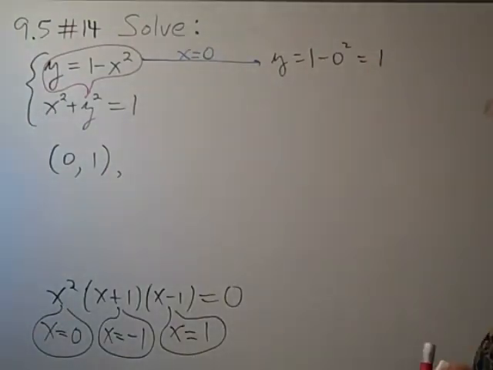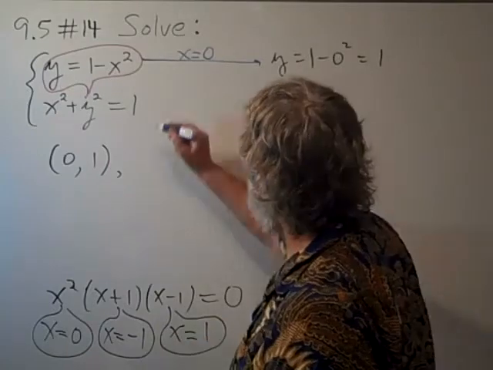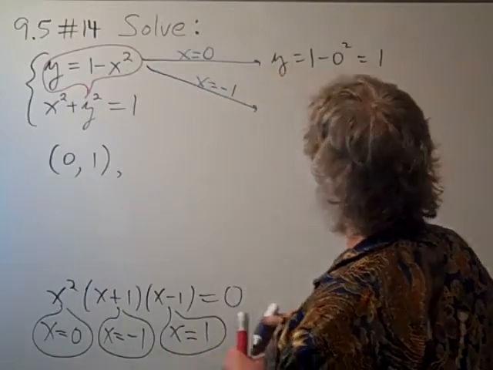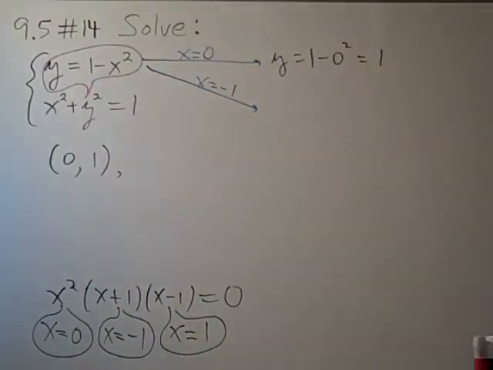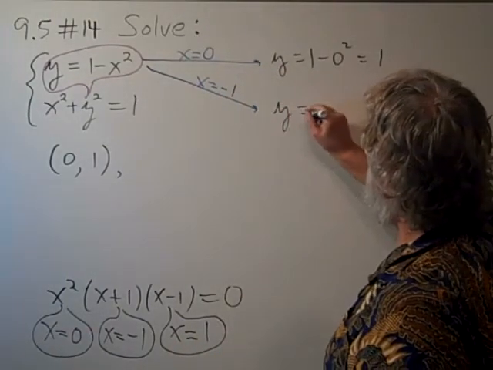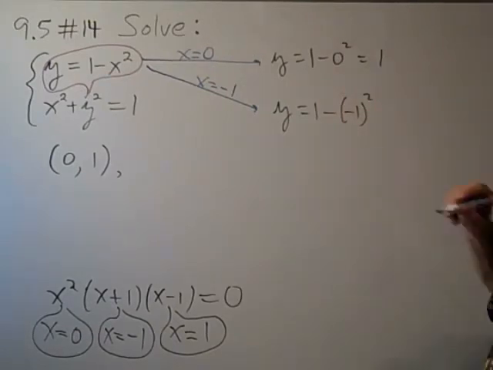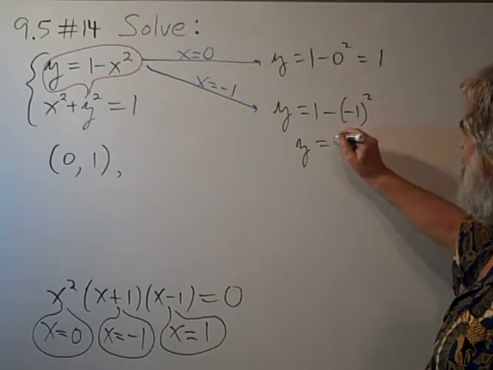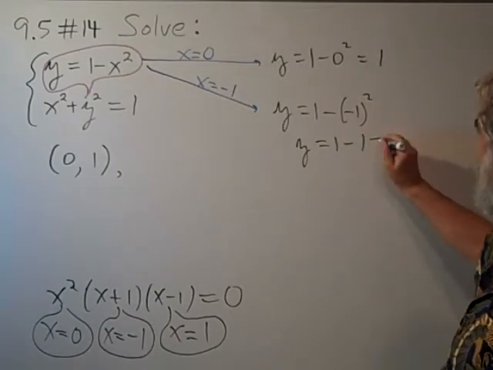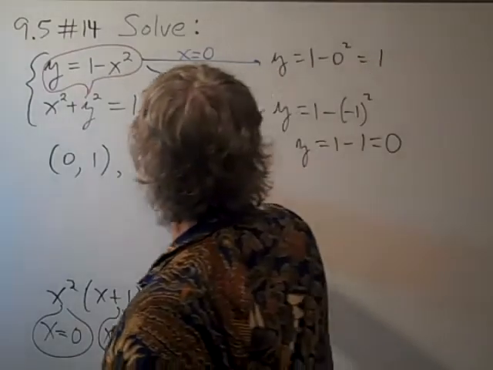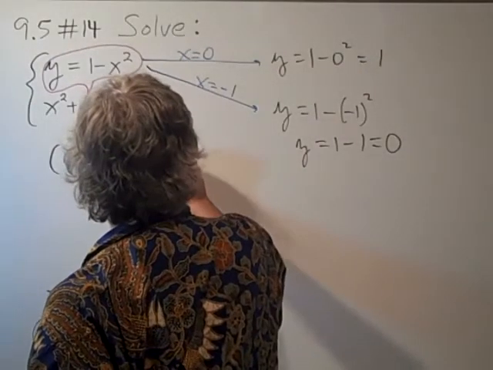Now we try x equals negative 1. If x equals negative 1, then y is equal to 1 minus negative 1 squared. So y is equal to 1 minus 1, 0. So this gives us a second point, the point where x is negative 1 and y is 0.